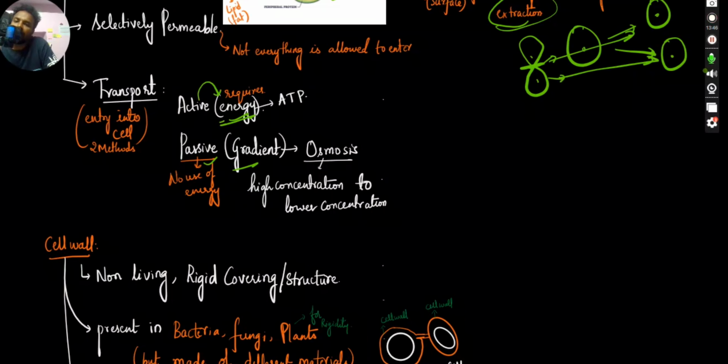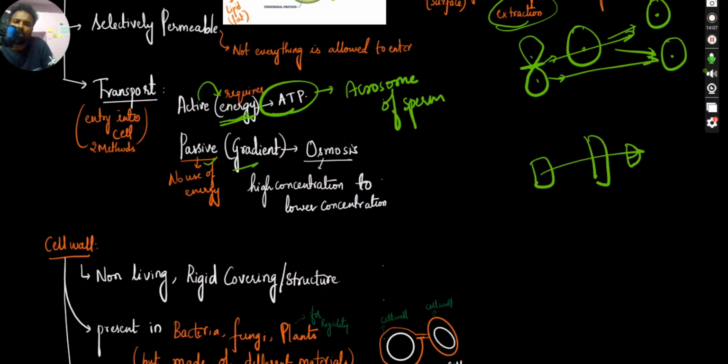In active, energy is needed in the form of ATP. An example is the acrosome of sperm, which we'll see in the second lecture, so it will be entering into the egg. Passive means no use of energy, just high concentration and low concentration. If there is a high concentration and a low concentration, things can easily enter through the cell membrane, right?